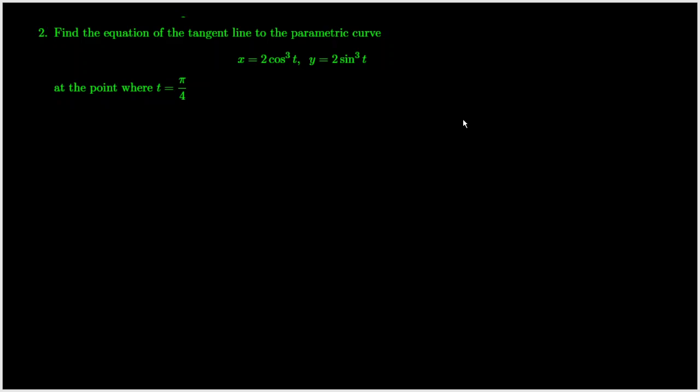To get the equation of the line, we need two things. Now let's recall the thing we need in Math 101, in Calculus 1. To get the equation of the tangent line, we need a point on the line. Again, the point is determined by t value of pi over 4. You plug pi over 4 into the equations, you have a point, right?